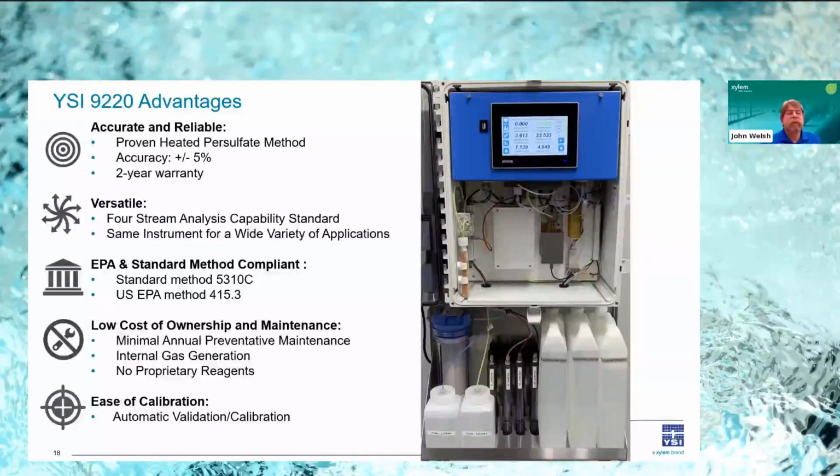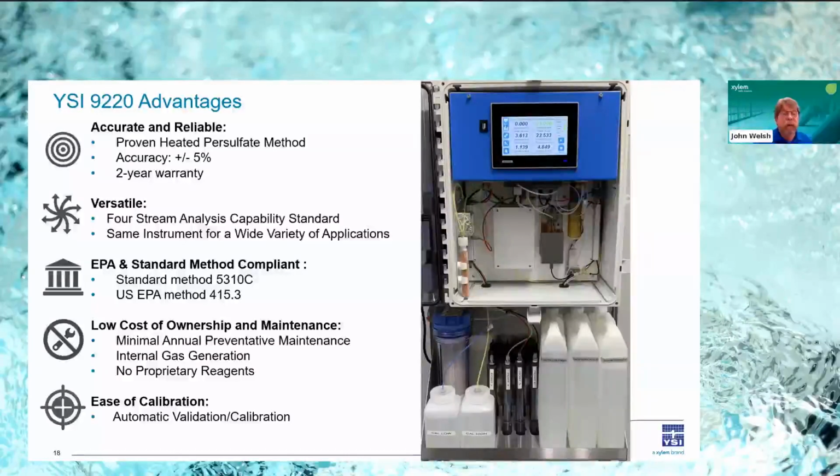Some of the advantages, again, the proven heated persulfate method, a technique that's been around for more than 50 years. A standard 2-year warranty. We do have 4-stream capability, compliant with the relevant methods, a rather low cost of ownership. There's nothing proprietary about the reagents you use.